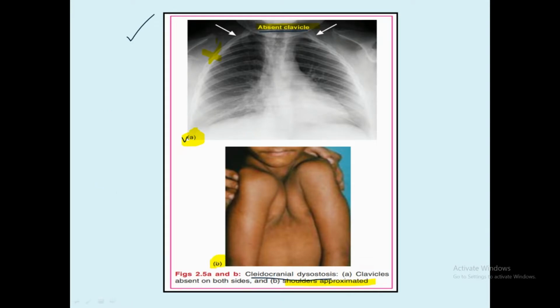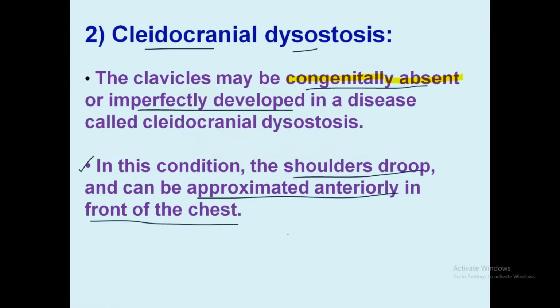In the picture the shoulders are approximated. In this condition the clavicle is imperfectly developed.